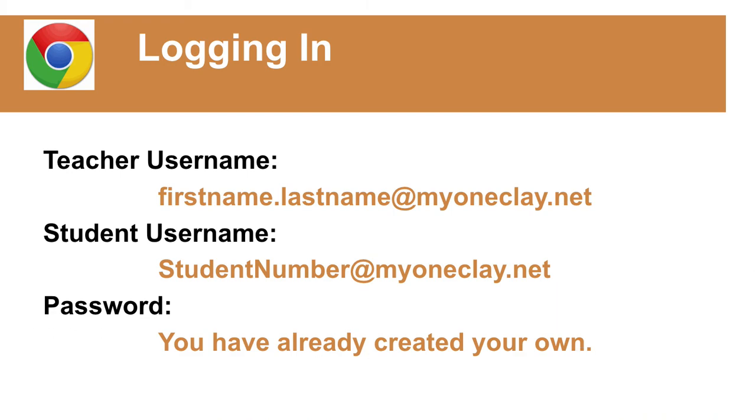So I hope that has helped with just the basics of getting started, opening up your Chromebook, getting it set on the Wi-Fi and then logging in, and in the next video in the series we'll talk more about the actual use of your Chromebook.